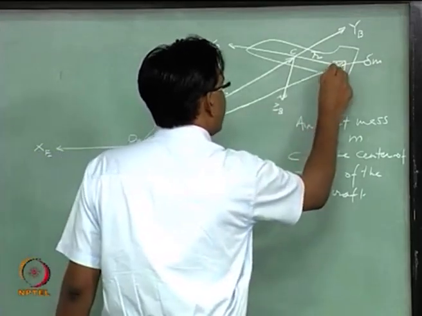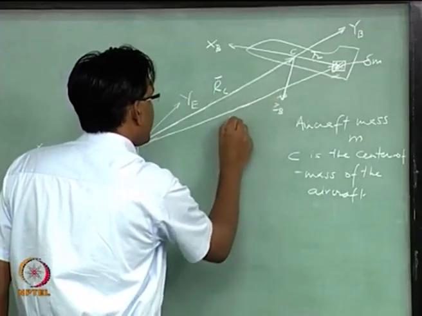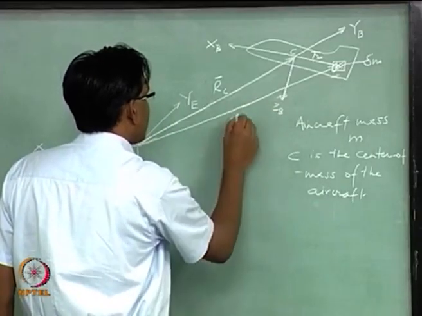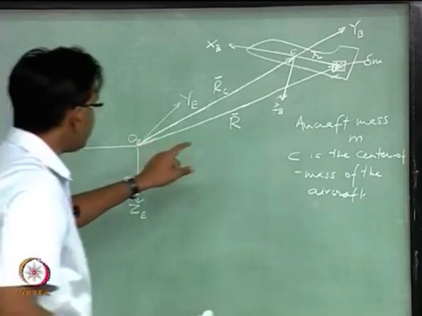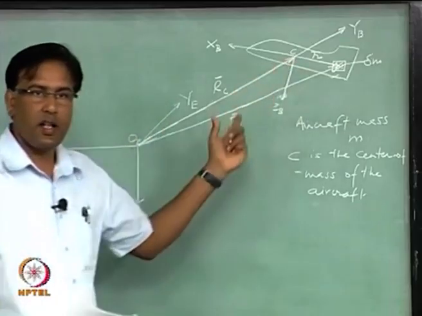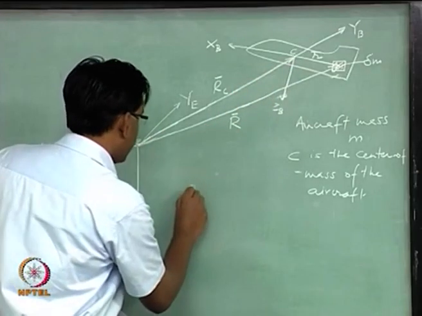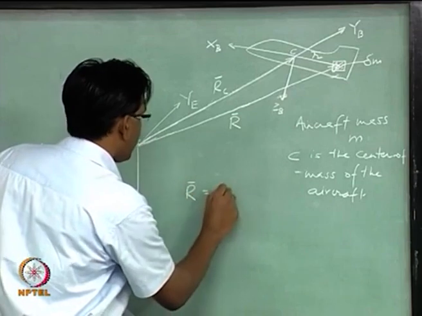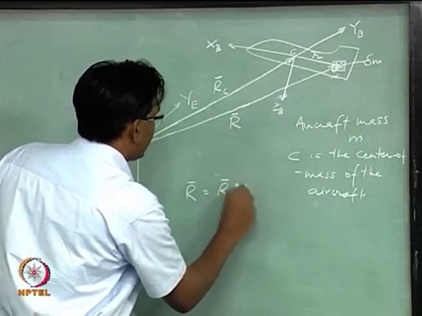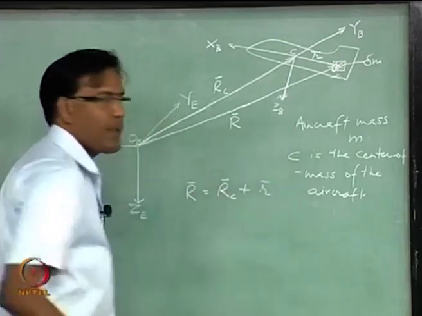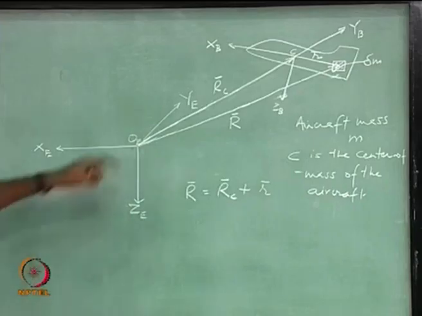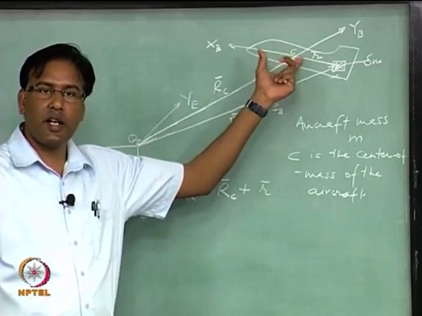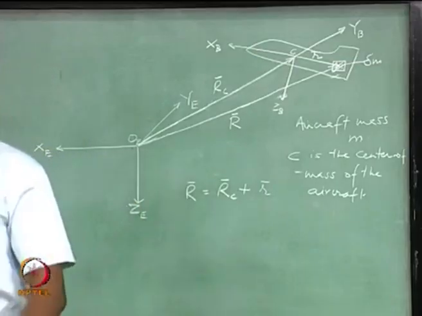Let us say this is R, right. So, we can use the vector notation and write what this R is. R is, isn't it? Okay. And let us say this center of mass of the aircraft is having a velocity V_C.